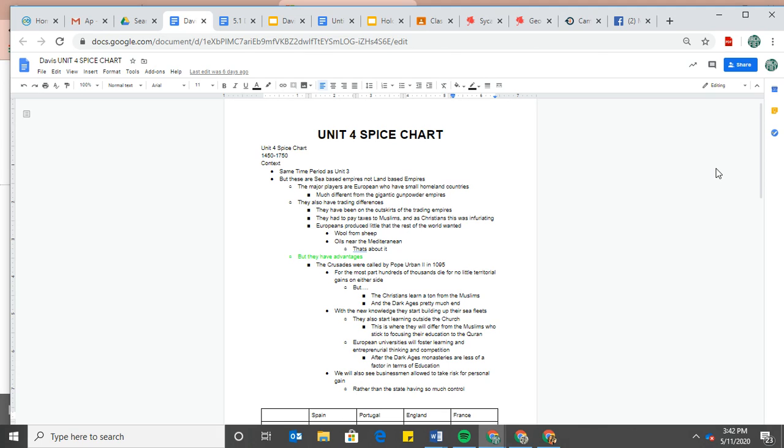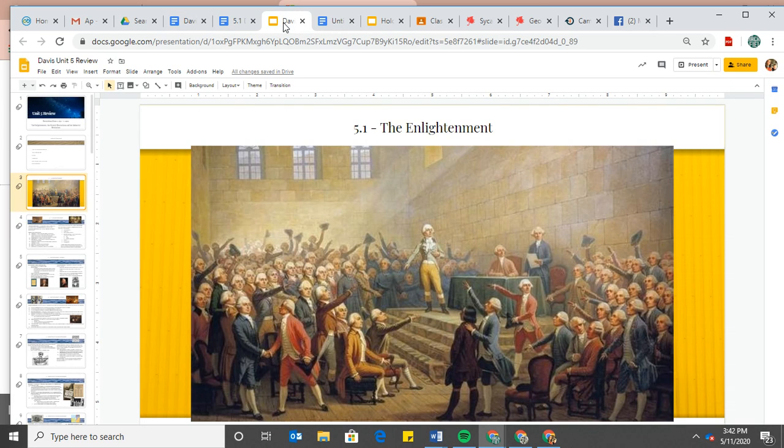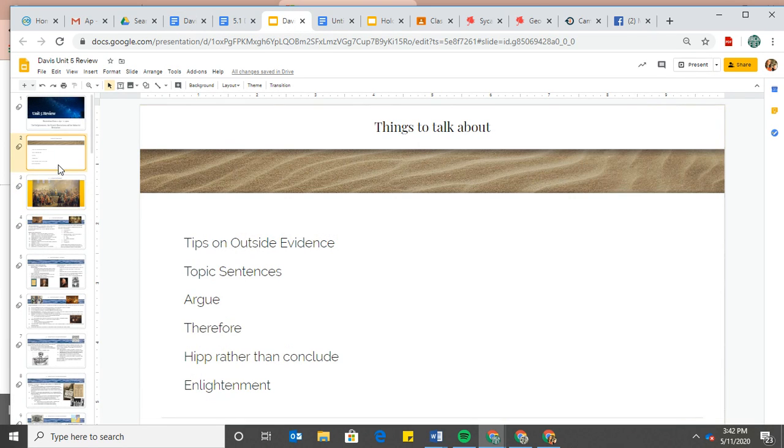and outside evidence correct. Now, one thing I noticed when I was reading some of your outside evidence: it shouldn't be an opinion. Don't tell me, for example, that the Spaniards were ruthless to the Incas.